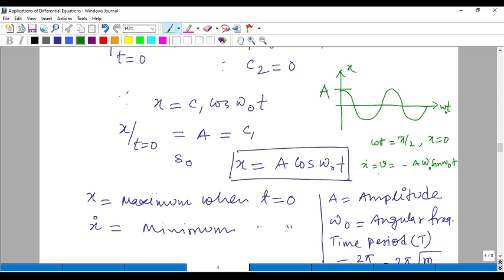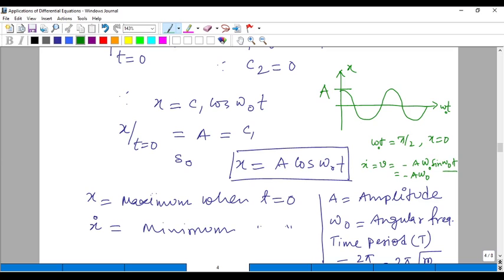So now you can see that at omega 0 t equal to pi by 2, this is minus a omega 0. So it is a maximum in the negative direction. So we can say that when the displacement is maximum, the velocity is 0, and when the displacement is 0, the velocity is maximum.